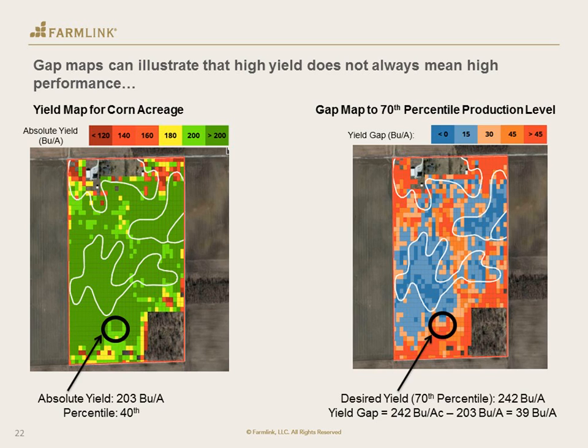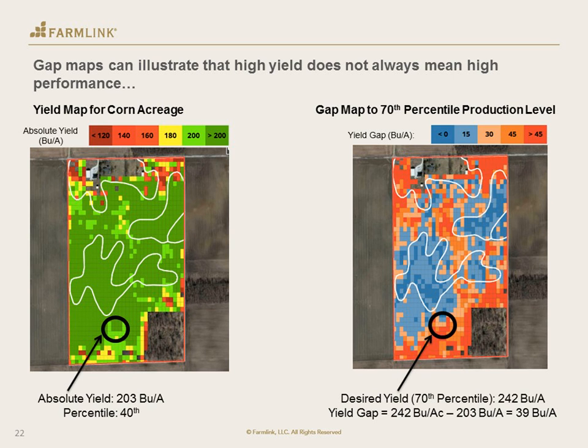Consider the area circled on the maps. The absolute yield is 203 bushels per acre. That's a good yield. You know, that's one most farmers and agronomists would be happy to have. But it's only performing at the 40th percentile on the performance curve. What that means is that 60% of like fields with like conditions are performing better.